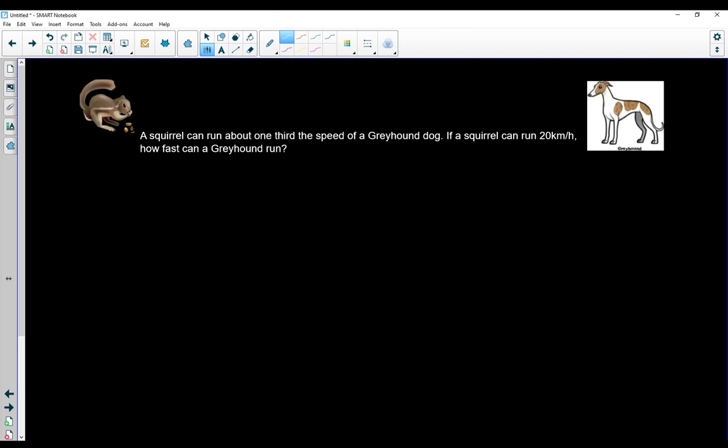Well, in this case, we're not given an equation, so we're going to have to use our skills to create one. What we can do is assign a variable and think about what our unknowns are and what our knowns are, okay? So we do not know what the greyhound's speed is, so we'll assign the variable g, okay?